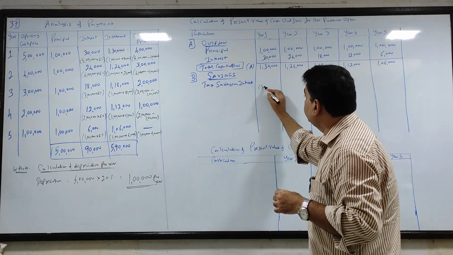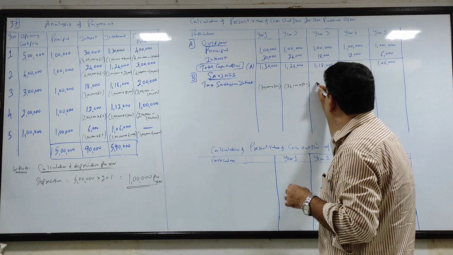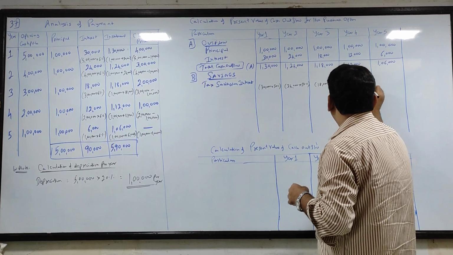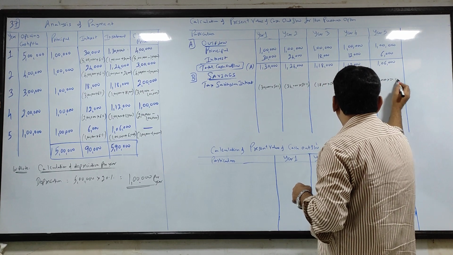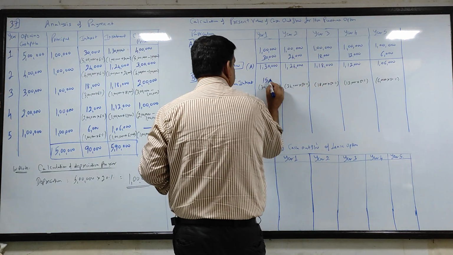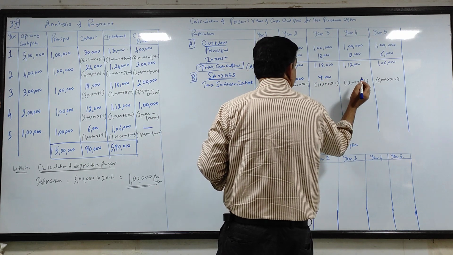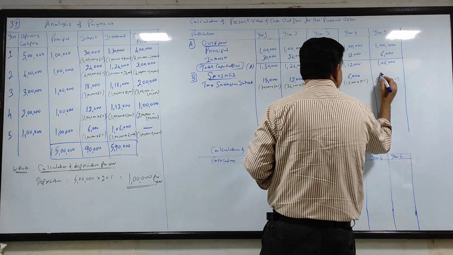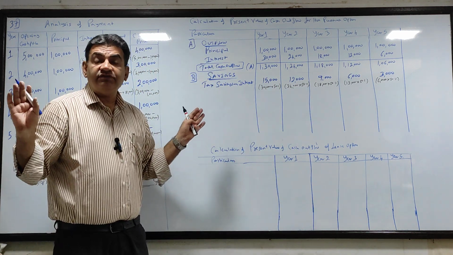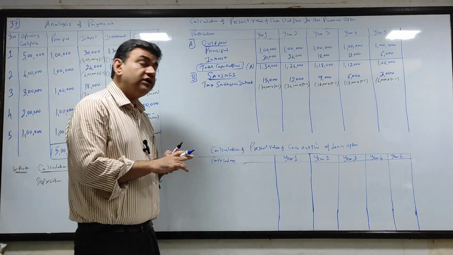So 50% of 30,000, 50% of 24,000, 50% of 18,000, 50% of 12,000 and 50% of 6,000. Respective year's interest, 50%. 50% of 30,000 is 15,000, 50% of 24 is 12, 50% of 18 is 9, 50% of 12 is 6, and 50% of 6,000 is 3,000. Respective interest's 50%, because 50% is my rate of income tax. Same calculation as the previous two classes.